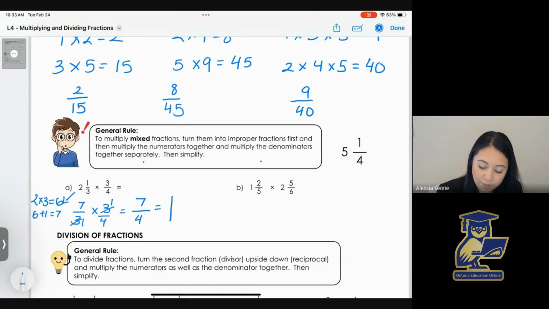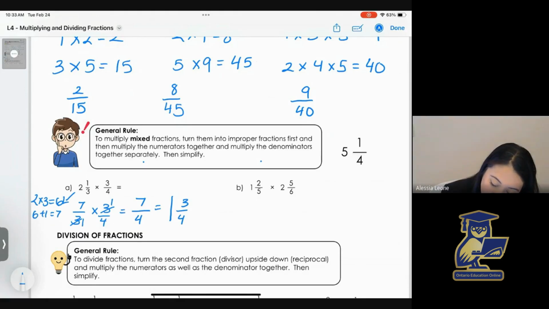I am left over with 3 over 4. Now we have two mixed numbers in B. So we have to convert both mixed numbers into improper fractions and then do the multiplication rule. So let's convert both of these into improper fractions.